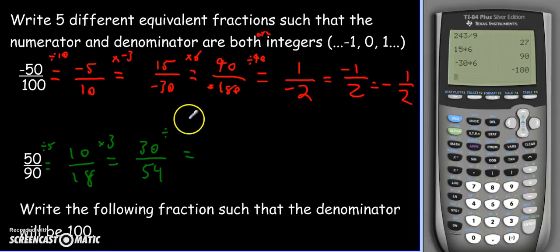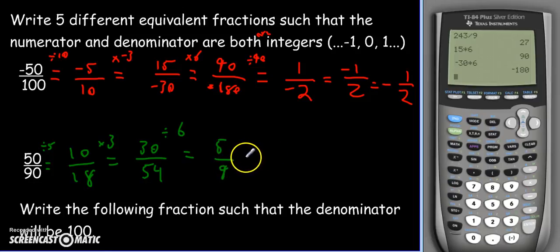Why not 6? 6 goes into 30 5 times, and 6 goes into 54 9 times. This is actually in simplest form. 5 and 9 have no common factors.